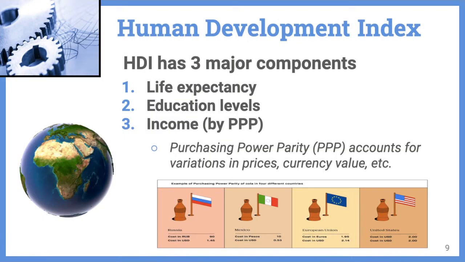But what it comes down to is we have to create a system that uses some of these indicators to measure development. And it's almost impossible to take all of them into account with fidelity, meaning with accuracy, because some of them we simply just don't know.